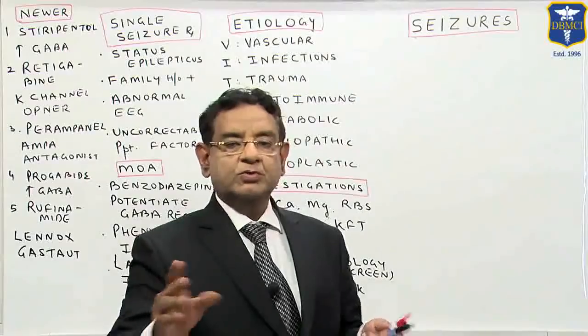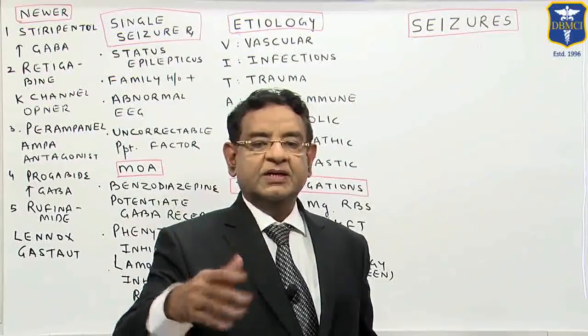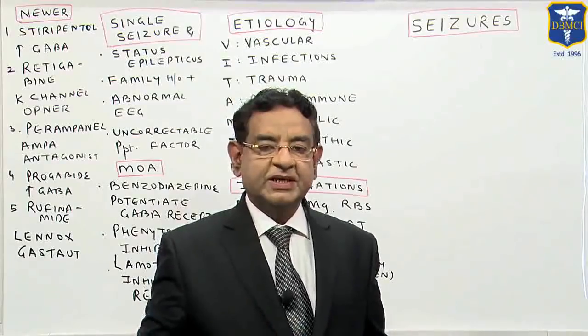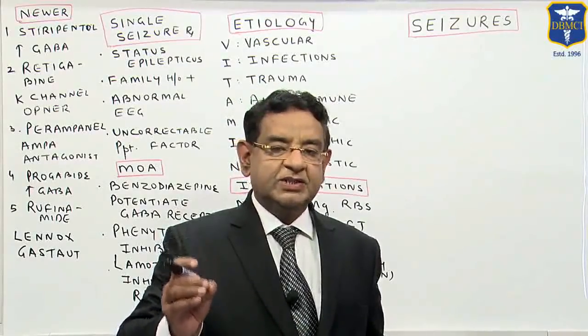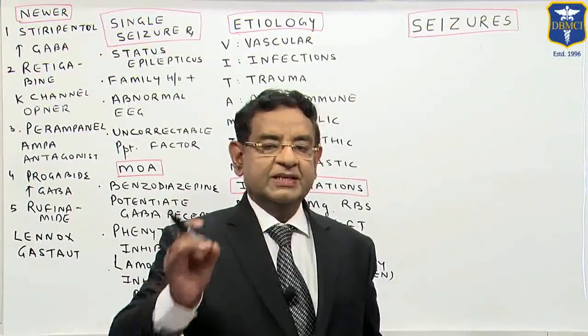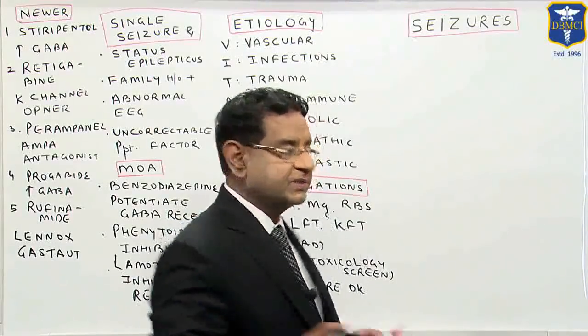If two seizures occur consecutively within 30 minutes and the patient does not regain consciousness to normal level, then we call it status epilepticus.